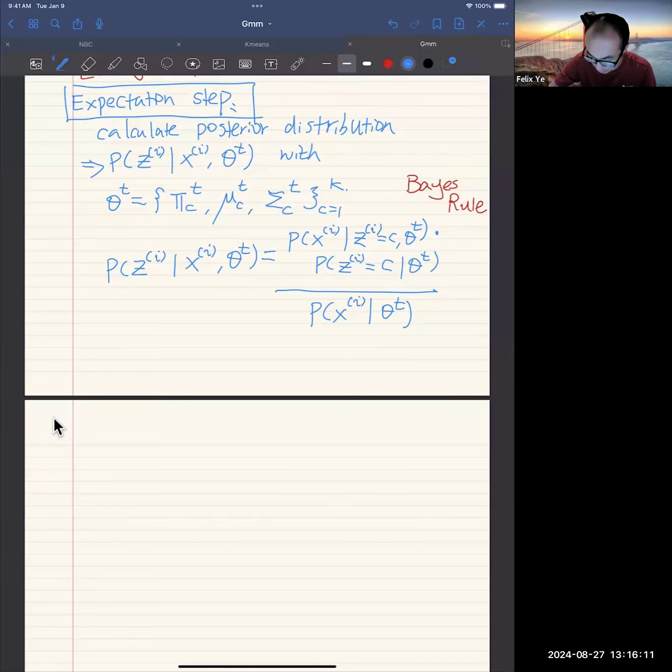But we know all these conditional probabilities. The first one is nothing but a Gaussian, because conditional on knowing the cluster membership is c, it is just a Gaussian distribution.